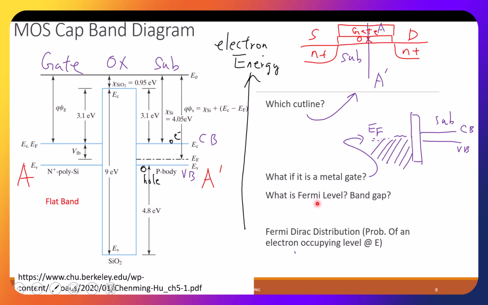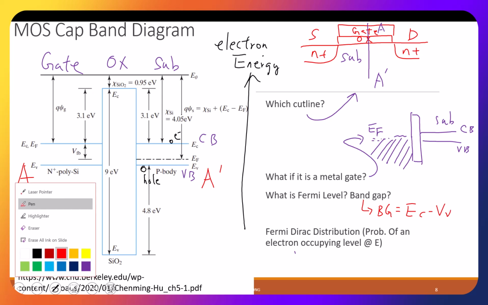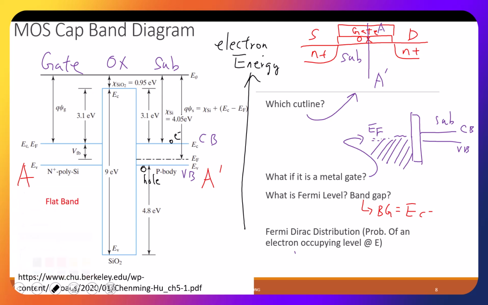And what is Fermi level, right? But what is band gap first? It is easier to answer. Band gap, BG, equals EC minus EV. It is across which you cannot have the electron.